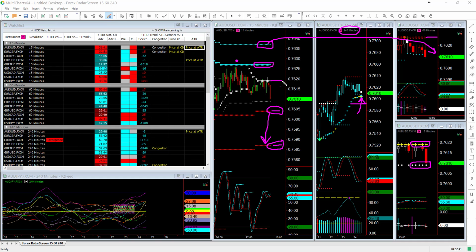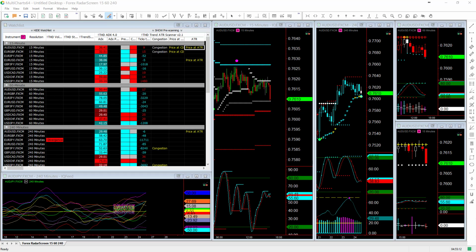So the white plus sign equals the ATR on the 15-minute chart. The white dot equals the congestion dot on the 15-minute chart. So what we're doing is looking at these three support and resistance indicators on one time frame. That's all you're doing.